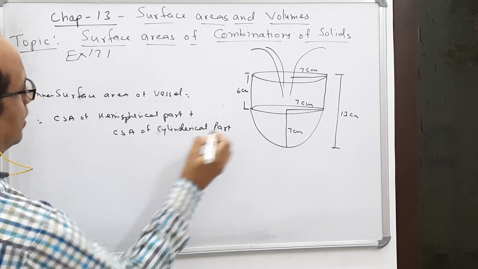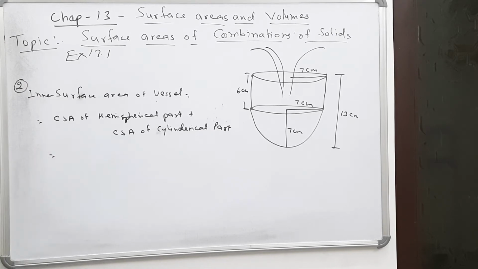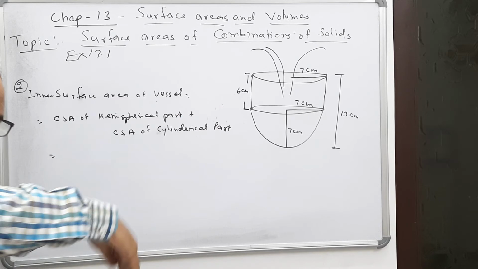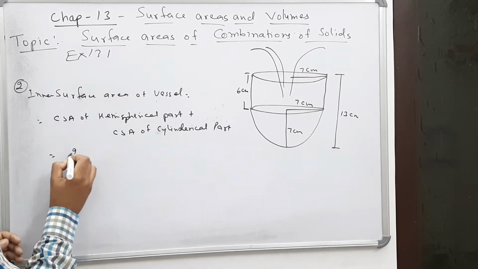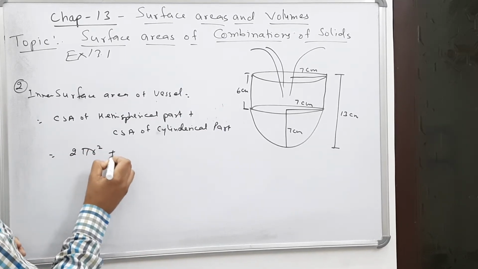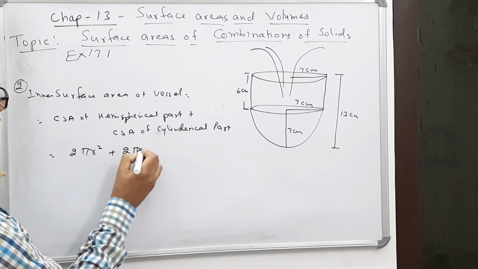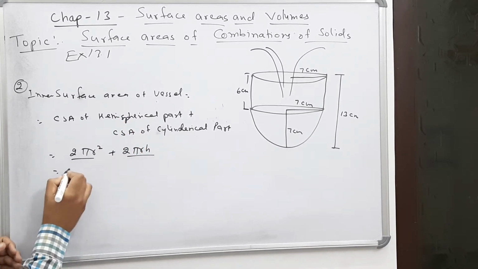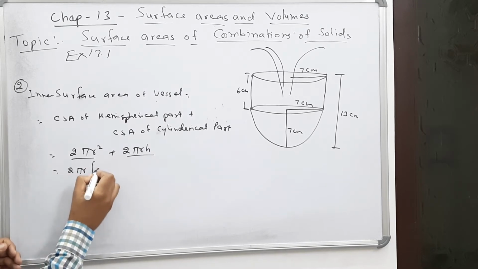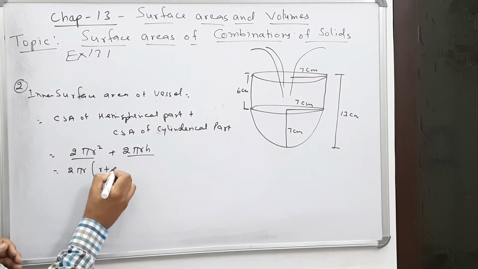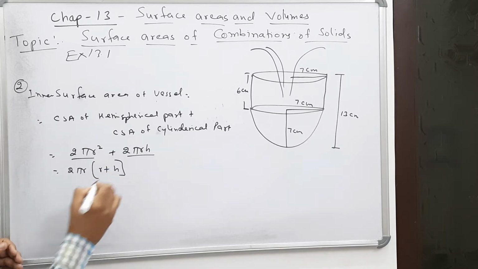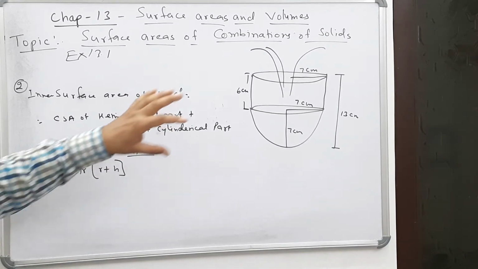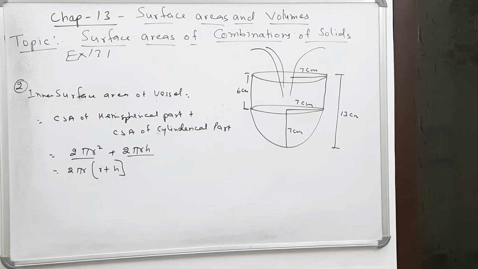Now you see the hemispherical part. When you see this vessel from inside, the bottom will be 2 pi r square and the sideways it will be 2 pi r h. Best is from these two you take 2 pi r common, then it is r plus h. Please see this formula. Now this formula is specially for this type of vessel.